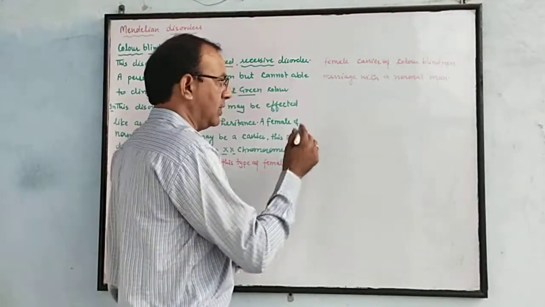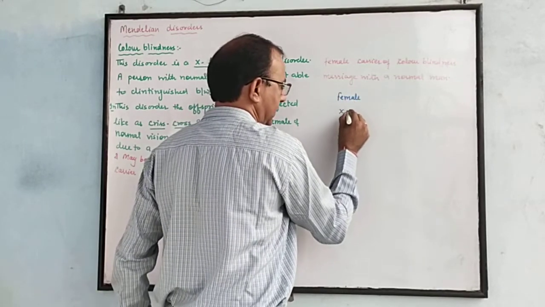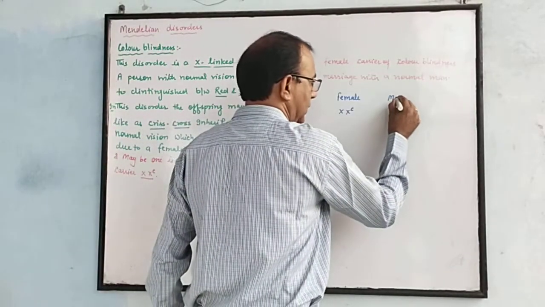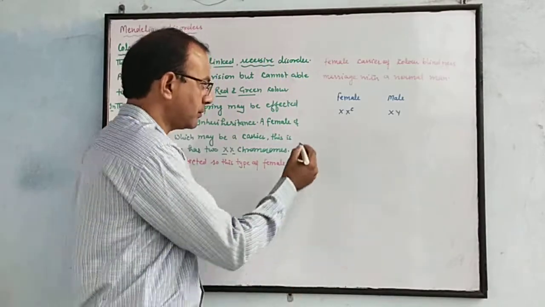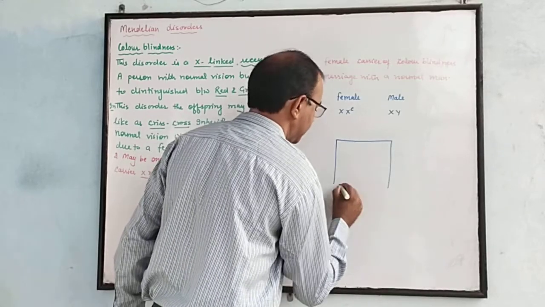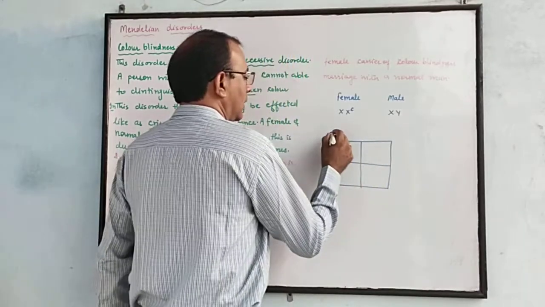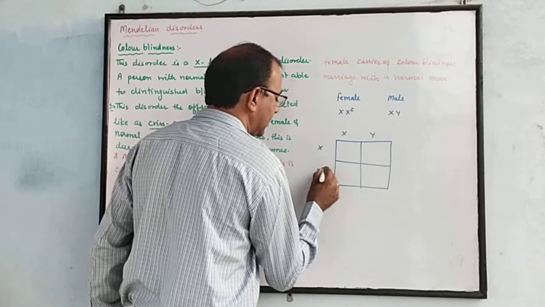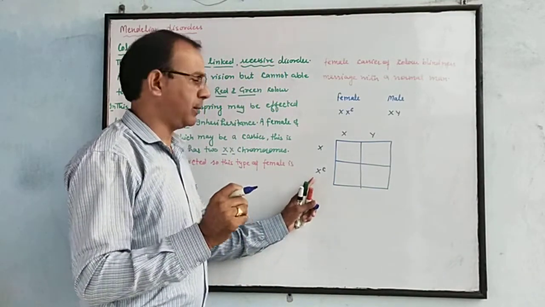The female is a carrier, which means one X is affected with color blindness, and the male is normal. A normal male contains X and Y chromosomes. You can write it with a Punnett square. Male X and Y, female X and X^C. X^C stands for the X which carries color blindness.